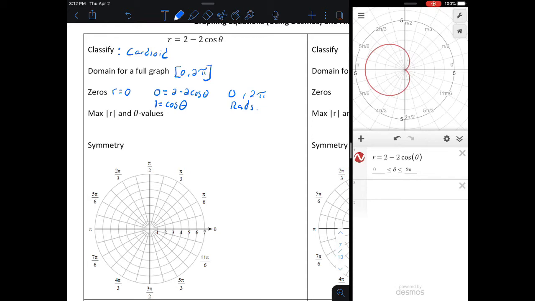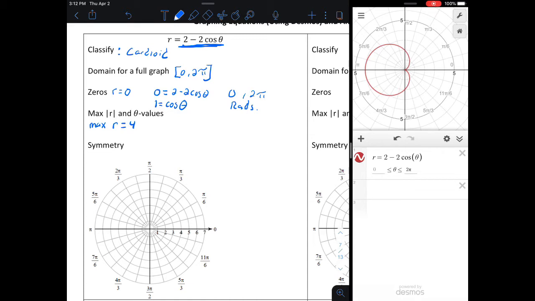Now, how would I know that by doing it by hand? Well, I would try to figure out the maximum r value, and for our equation here, the biggest value that's going to produce is 4. So the maximum r is going to equal 4. It's going to be when I add whatever the largest value is for cosine to the 2.